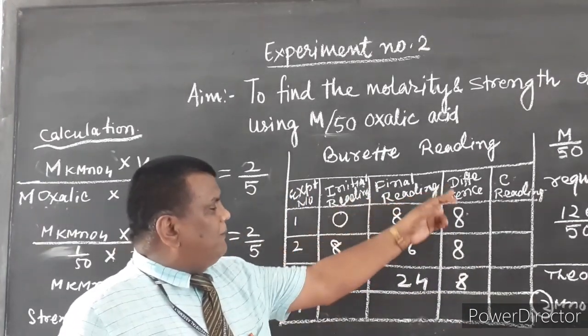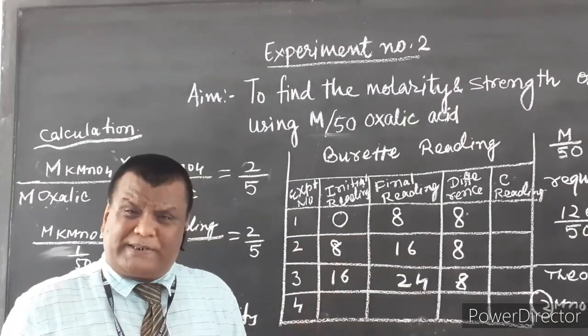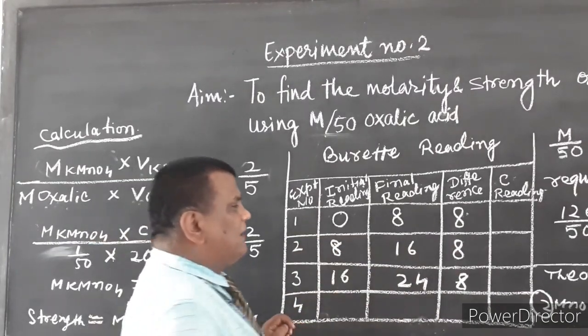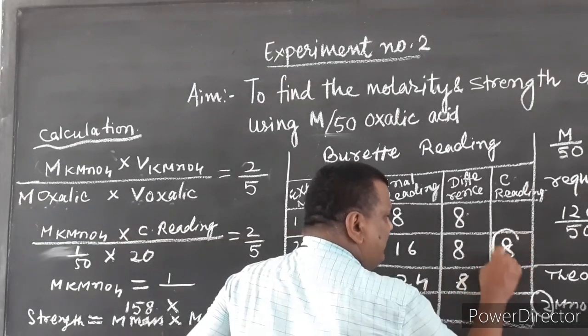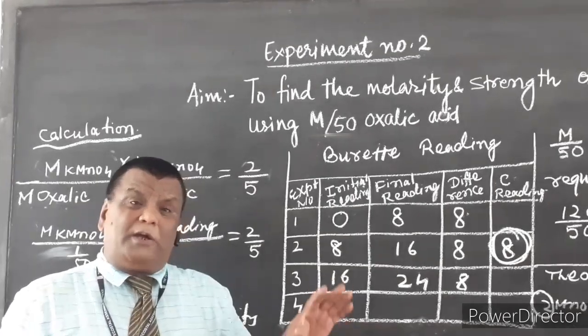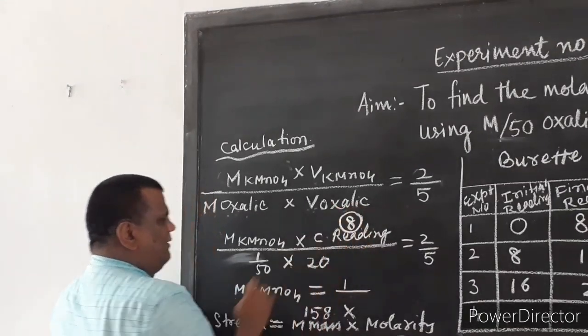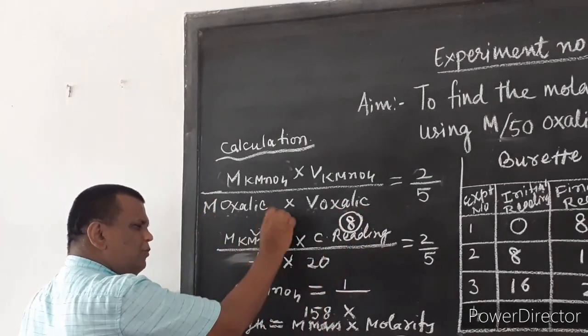So you can see the difference became the same 3 times. The 4th and 5th times may be the same, we don't know, but the concordant reading will be 8. This is very important. Everything depends upon that concordant reading. Put that concordant reading here. So that is 8. That is what you have to find.